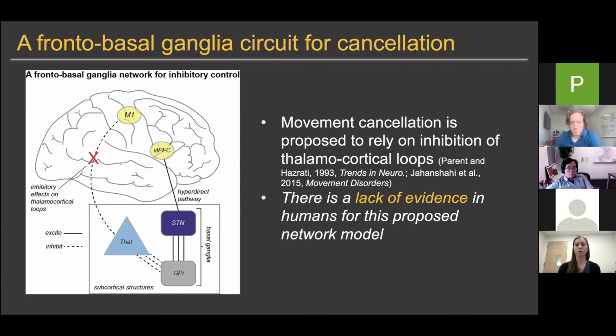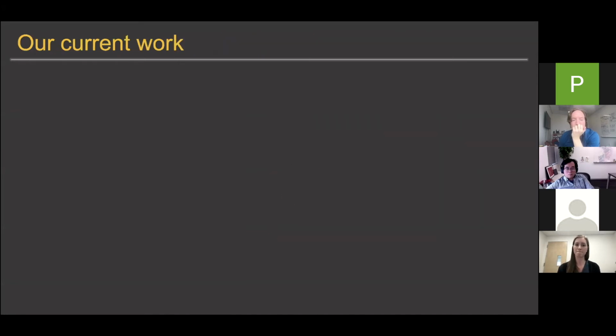And I'm sure you can understand why this would be the case, because it's somewhat difficult for us to go about acquiring in humans multiple recordings from different regions of the subcortex at once, or really even from the cortex and the subcortex at once. But evaluating this network model is one of the things that we wanted to try to accomplish in this particular study. So our current work had two main aims.